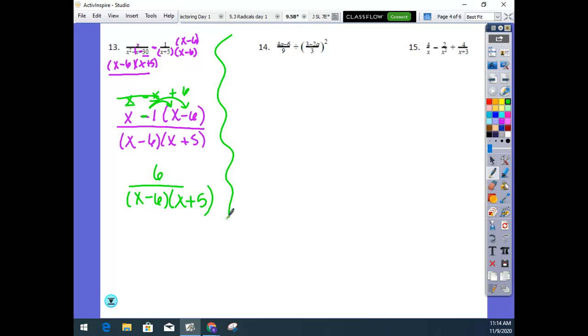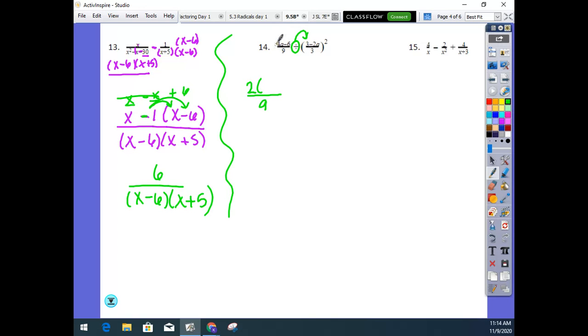What do you notice about the next problem? It's a divide. With division, we do not need common factors, but we need to change it to a multiply problem. Multiply by the reciprocal. So first of all, when I bring this one down, I'm going to factor the GCF out of the numerator.